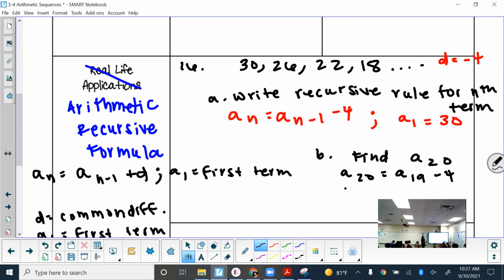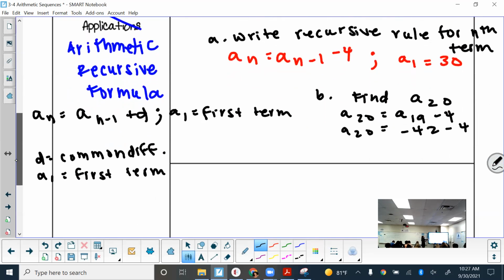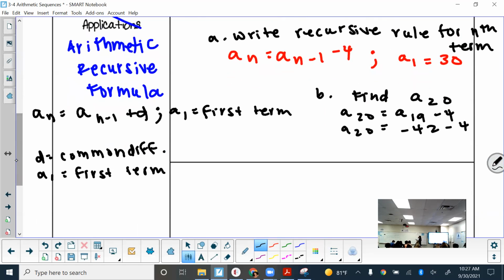And we know what a sub 19 is. What was it? -42. So a sub 20 is -42 minus 4. So then what's my 20th term? What's -42 minus 4? -46. All right, so that's what the formula is used for, just so that you know.